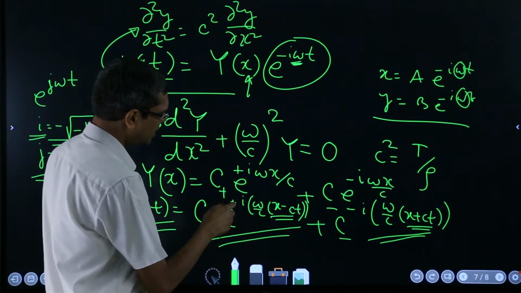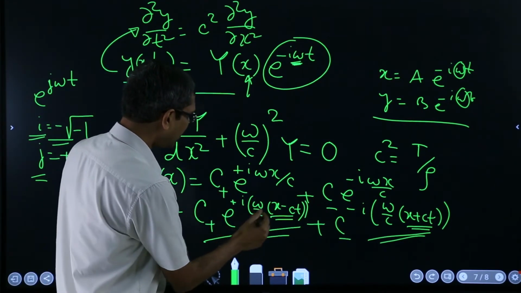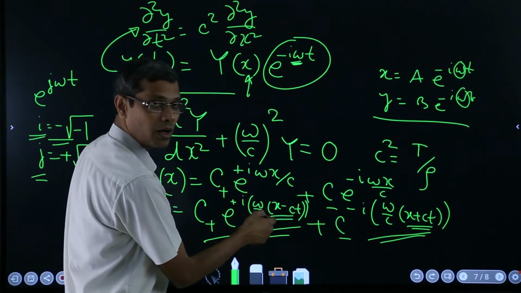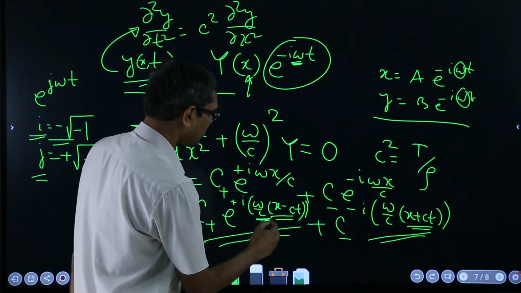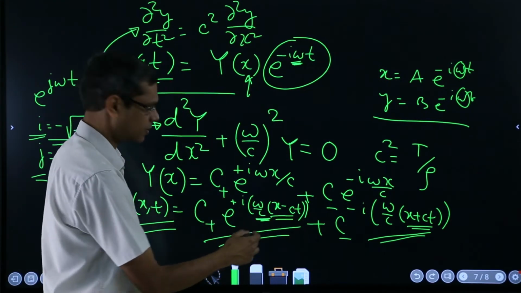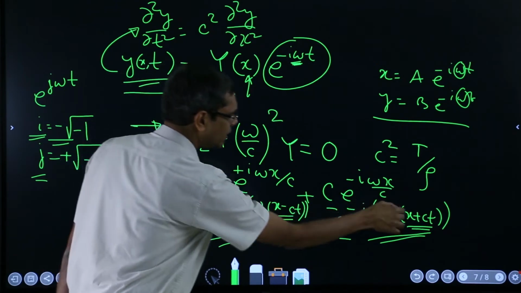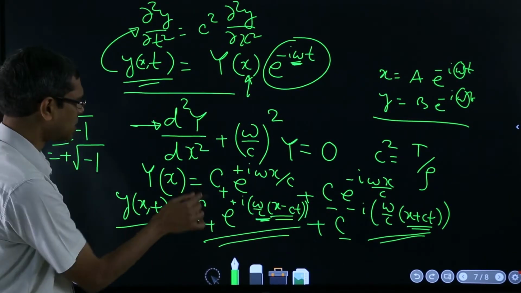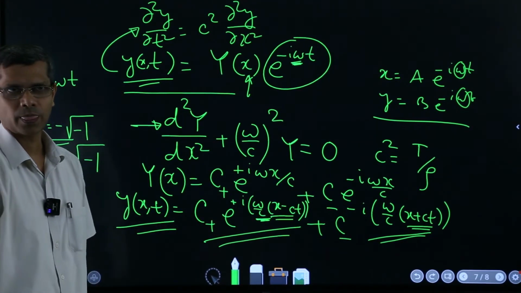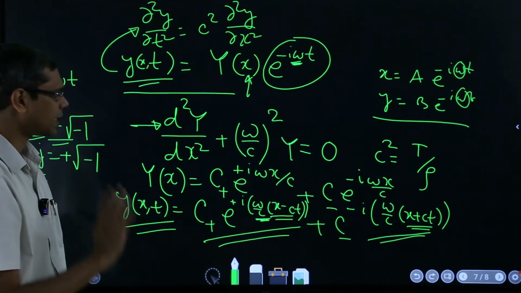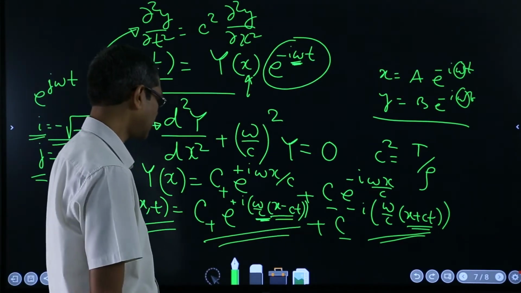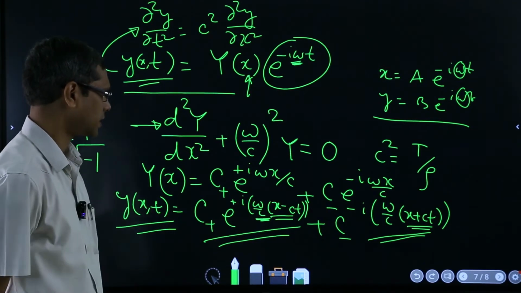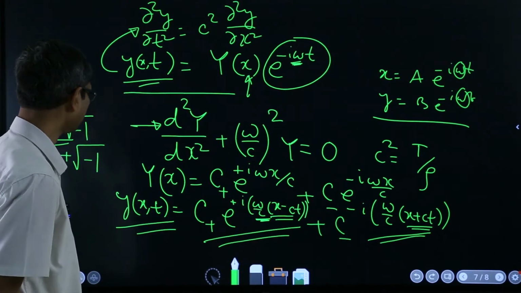One reason for our choice is that just by seeing this expression, you can tell that this is the forward moving, positive moving wave. The coefficient of x will tell you: minus x means negative direction, plus x means positive direction. So this convention is helpful in immediately recognizing in what direction things are moving.